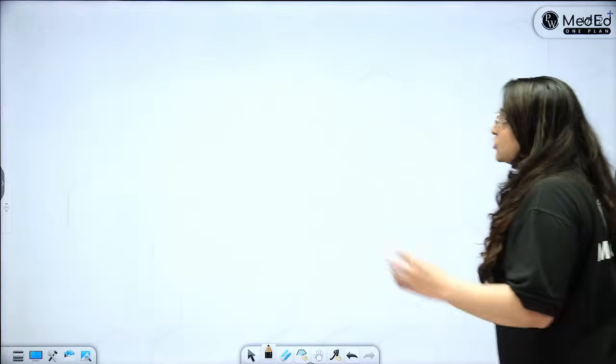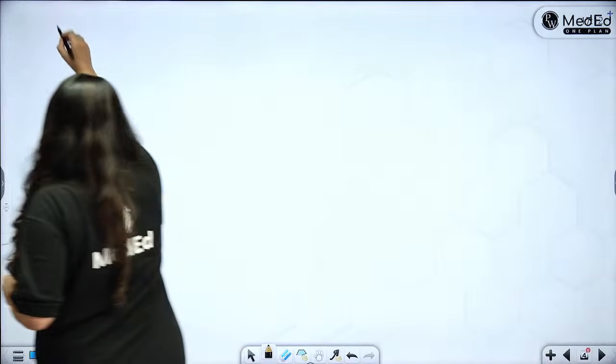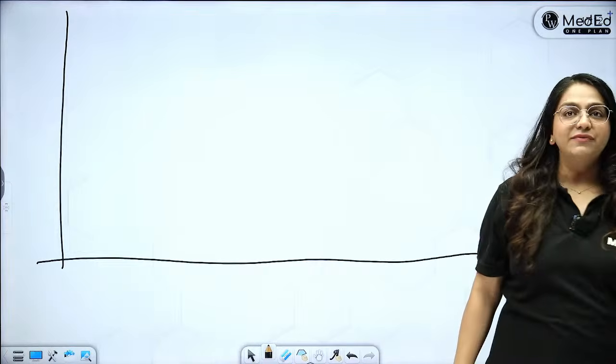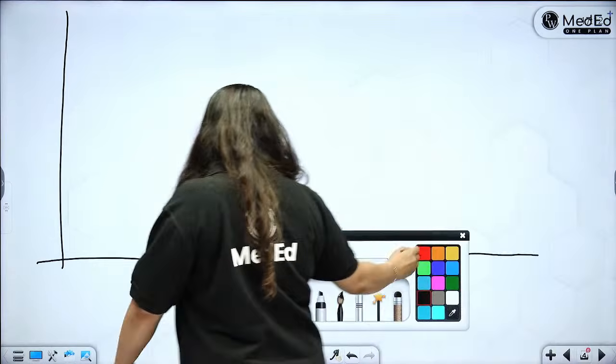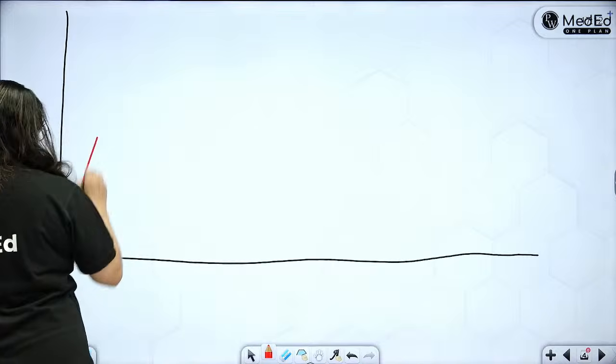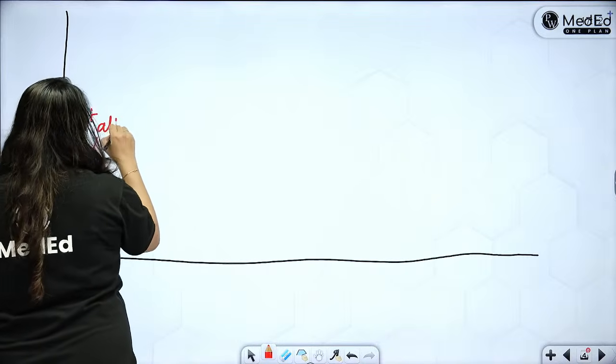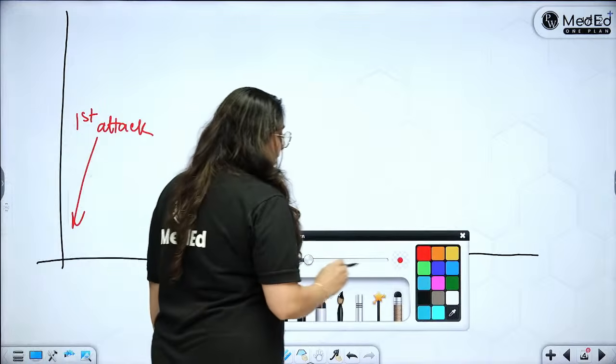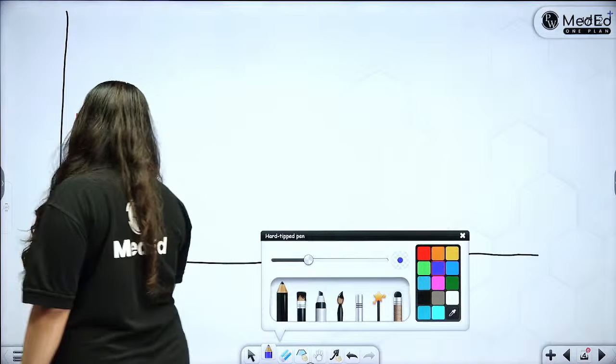So we can always draw it like this. Whenever there is a primary attack, you should always make this graph in your answer sheets, and you should say, here is the first attack, or primary attack. So what happened? Immediately you went into a lag. You did not realize what happened.